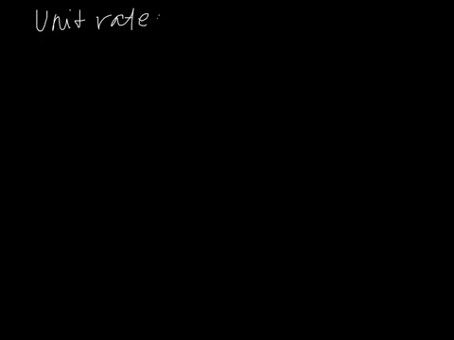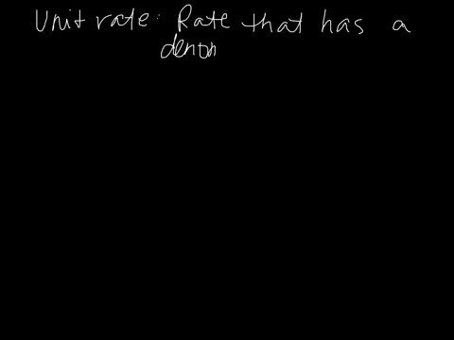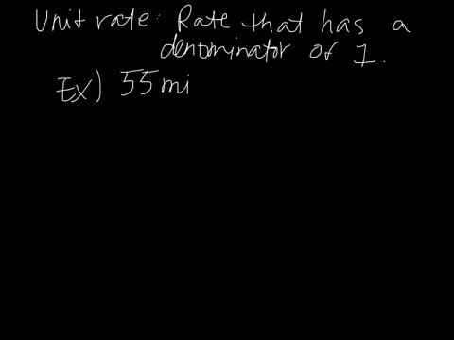Okay, so let's define unit rate. A unit rate is a rate that has a denominator of 1. Here's our example of a unit rate: 55 miles per hour.